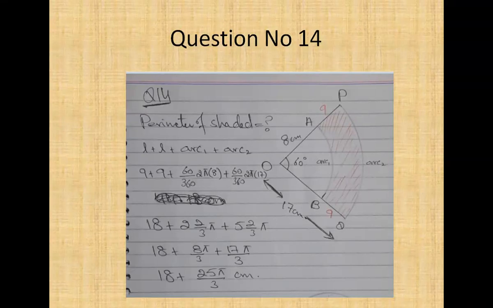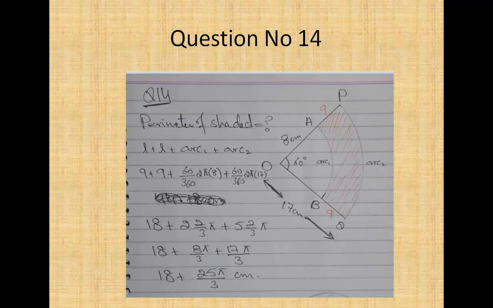And then in the perimeter of this shaded region, we have two arcs, arc number 1 and arc number 2. So you will have 9 plus 9 plus 60 divided by 360 times 2 pi times 8, plus 60 divided by 360 times 2 pi times 17.